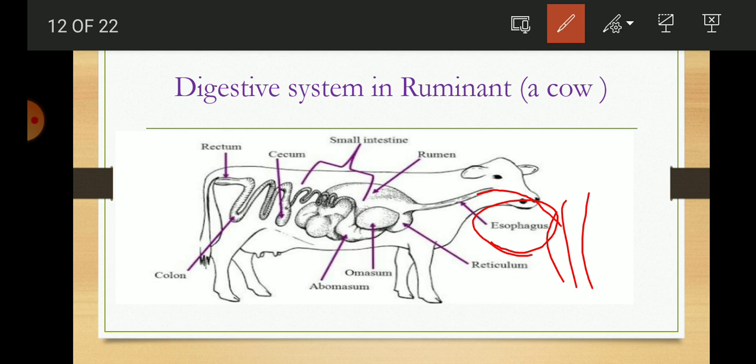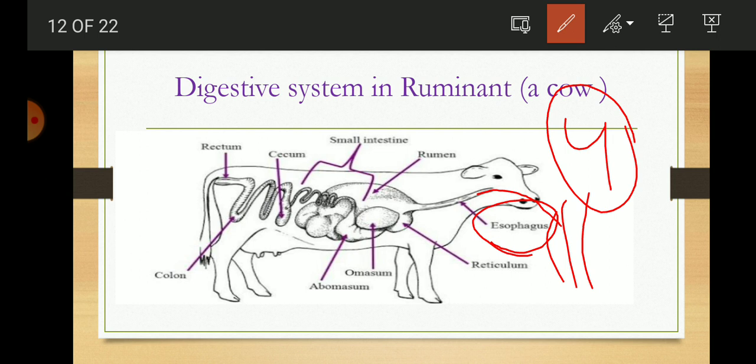Here, students, the interesting fact about ruminants is that their stomach is divided into four chambers. The stomach of the ruminants has different parts. You can understand it by an example: like in our house we have different rooms, in the same way you can imagine the stomach as a house.